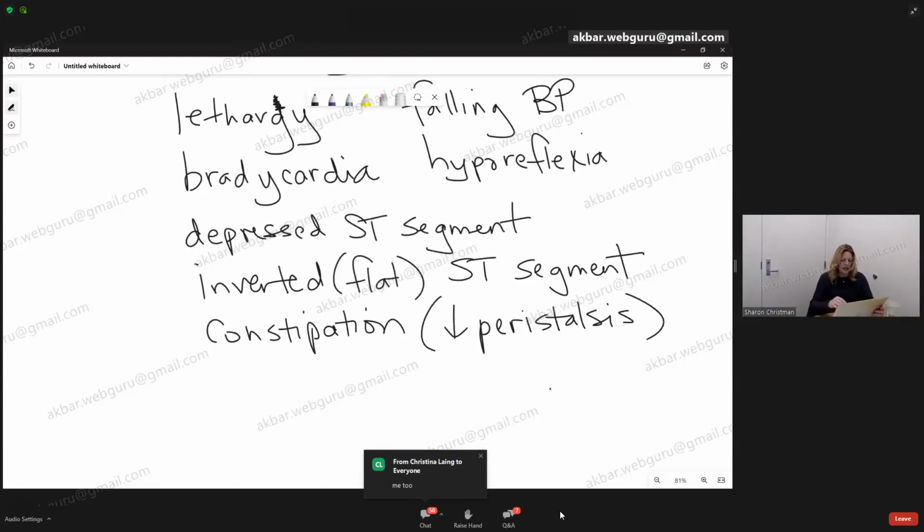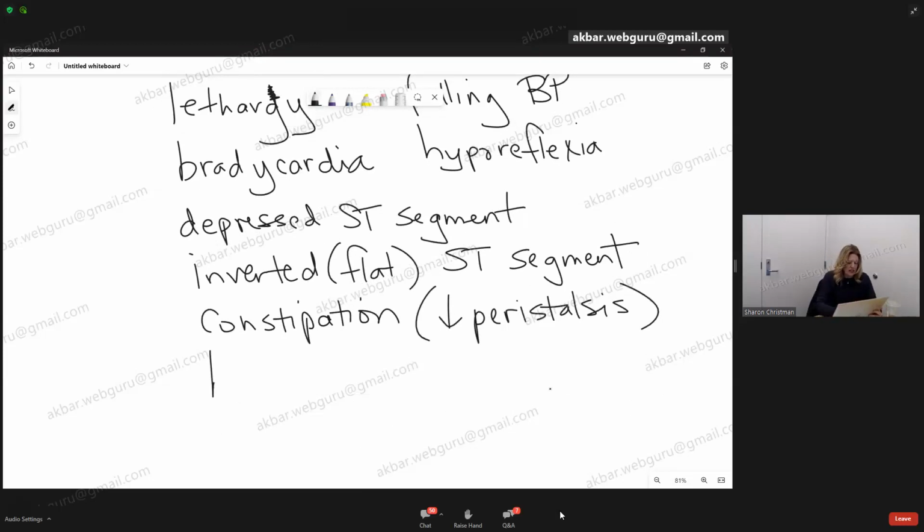Not sure if I said that. Hyporeflexia. Kind of worst case scenario is, their heart stops or breathing stops. I mean, that's asystole. That's kind of, eventually, if you let it go, the heart's just going to stop. Okay, so those are examples of down symptoms.